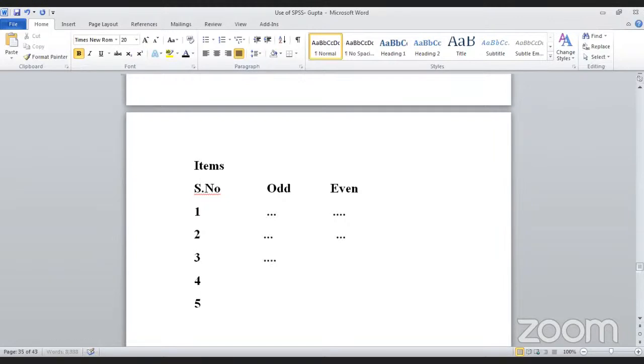Marks on the odd and marks on the even. Now, when I say odd, that means it is half of the tool. It's not full. It is half. And when I say even, also it is half.